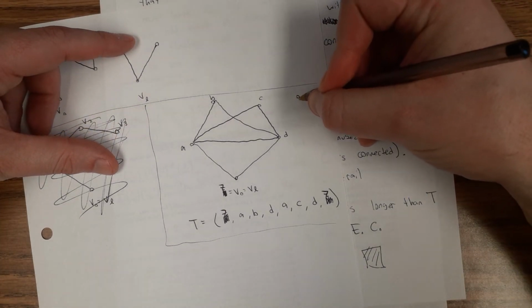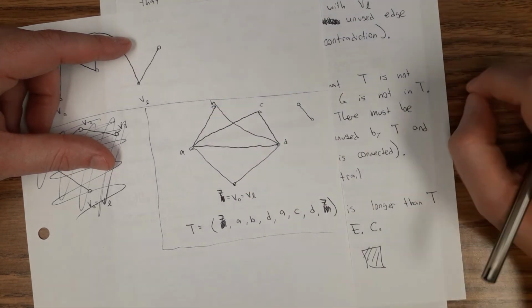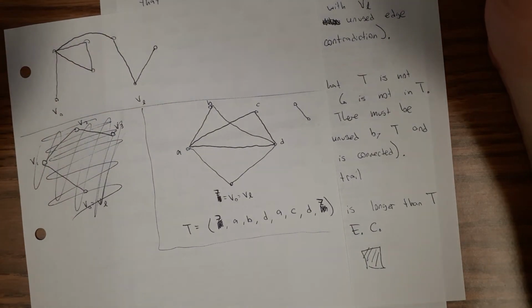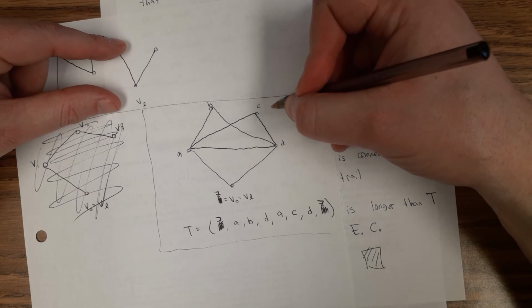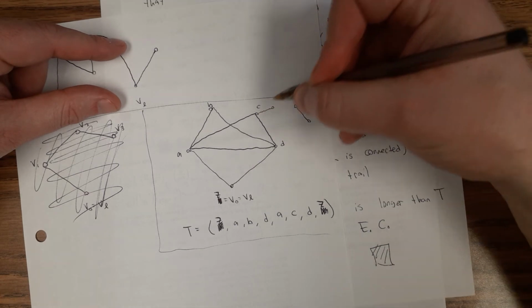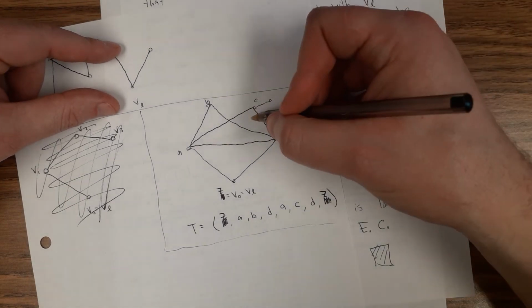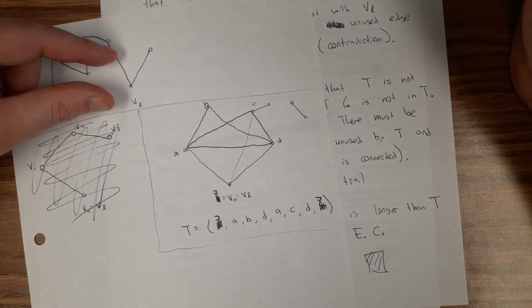There could be an edge that doesn't even touch the trail, like it's two vertices that aren't ever visited by the trail. Or it could be an edge where one endpoint has been visited by the trail. Or it could be an edge where both endpoints have been visited by the trail.